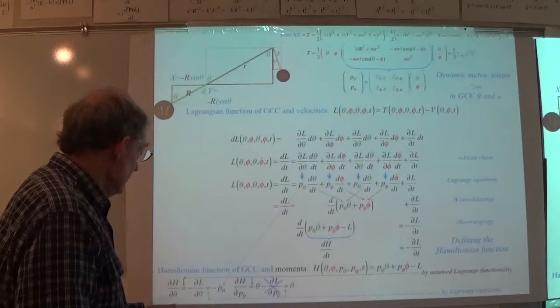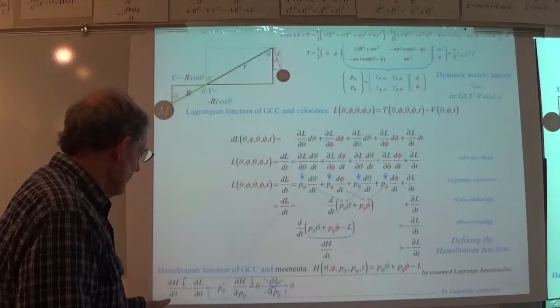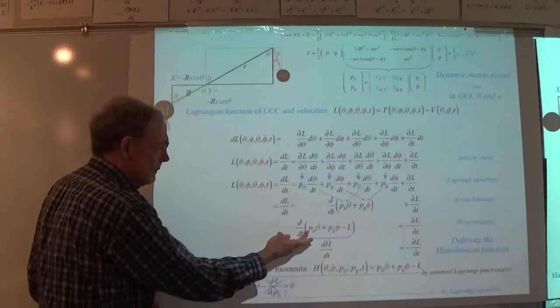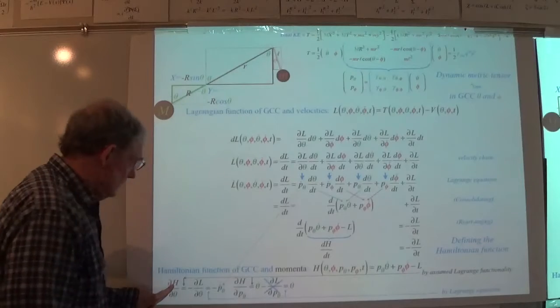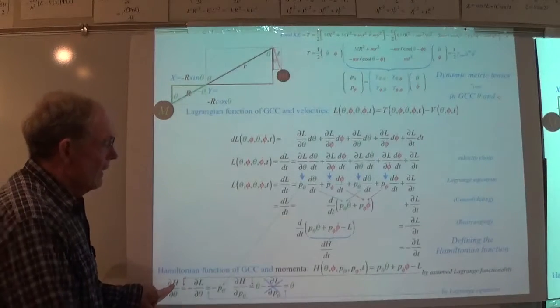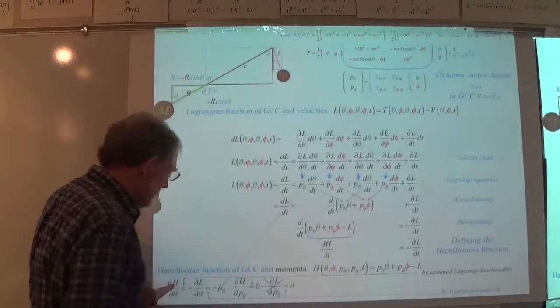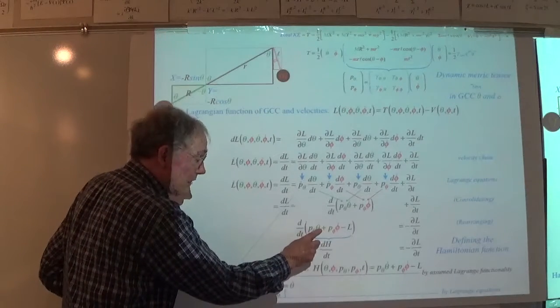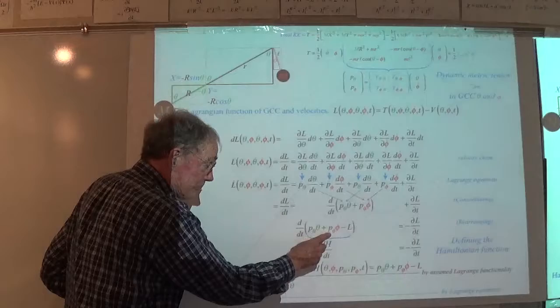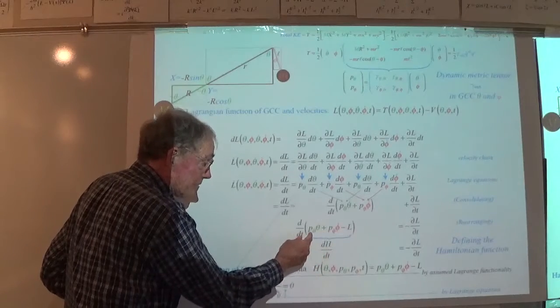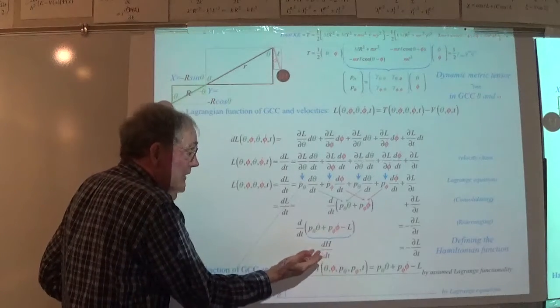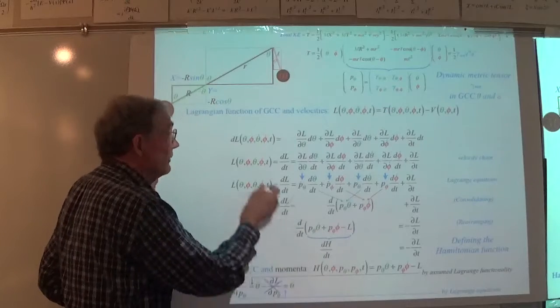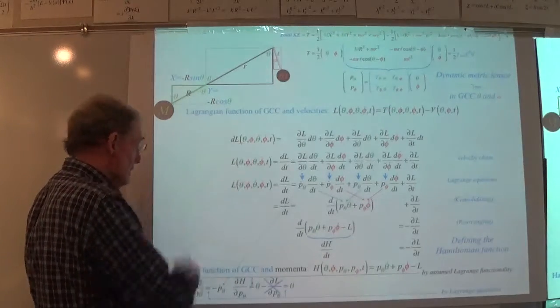Then let's see if there's anything else here. Partial derivative of the Hamiltonian with respect to theta. The only thing that's left in there is the L. Neither of these things, the velocities or the momentum, are explicit functions of theta. They're independent of that, but this one, of course, has angles theta in it.